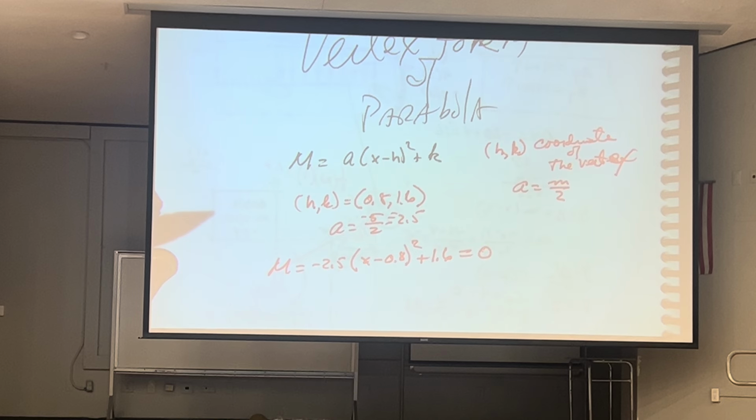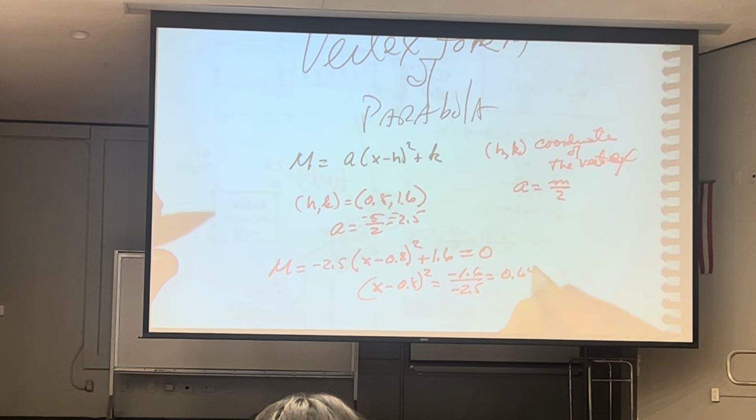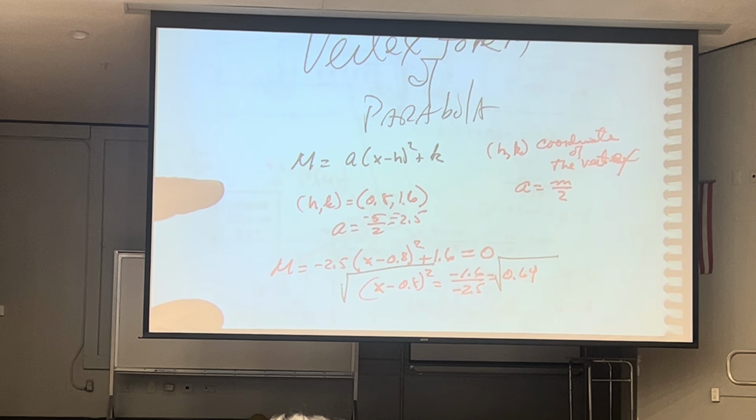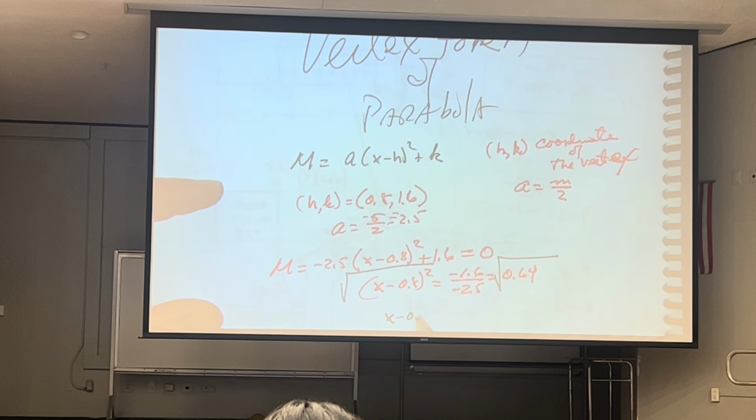Set this equal to 0. That says x minus 0.8 quantity squared is equal to negative 1.6 divided by negative 2.5, which is 0.64. I'm now going to take the square root of both sides. x minus 0.8 is equal to plus or minus 0.8.